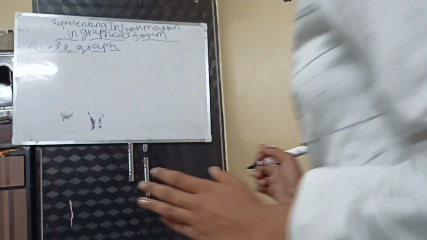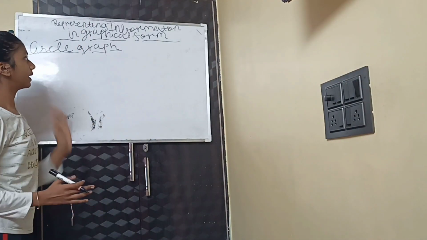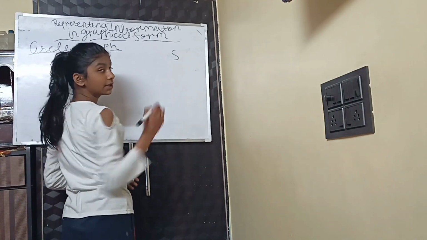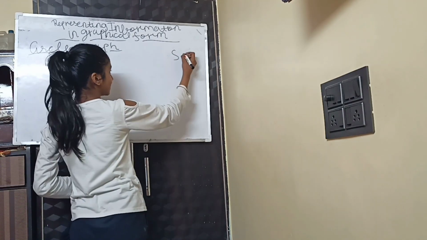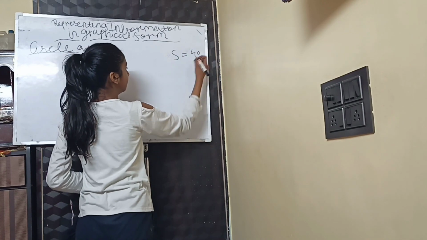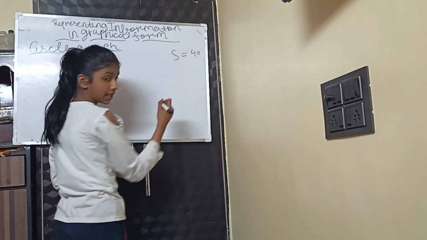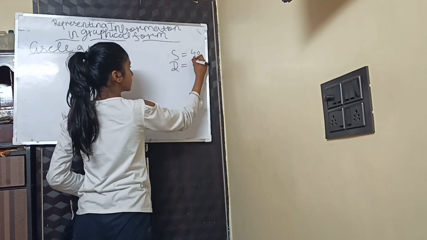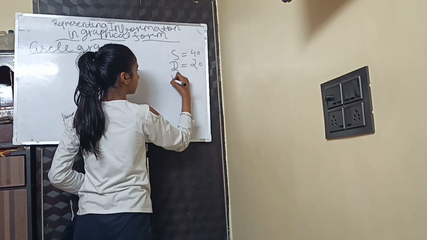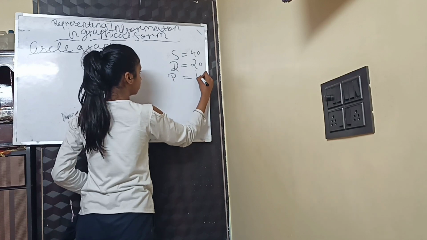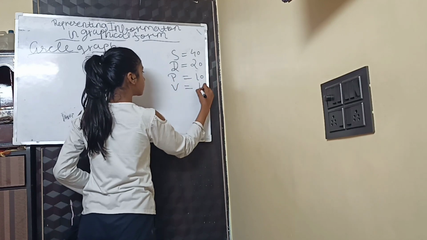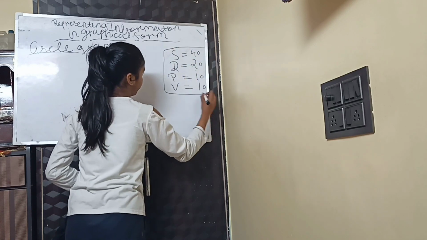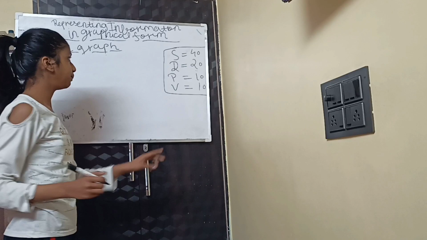Okay guys, so let's do this. I'm writing a short form, so please try to understand. Samosa was 40. Then dhokla was 20. Pizza was 10. And vada was also 10. So now what will we do? This was the question.